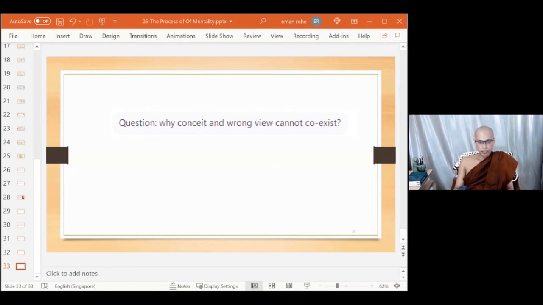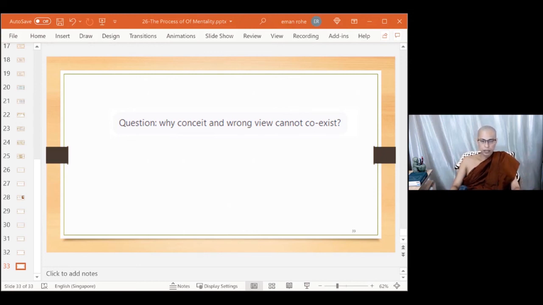And based on that view, we center ourselves, and then conceit arises. We approach something based on that view, but at that moment the view is no longer arising, and the conceit is very strong.